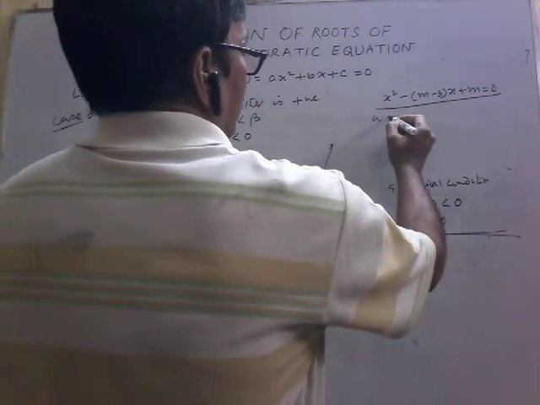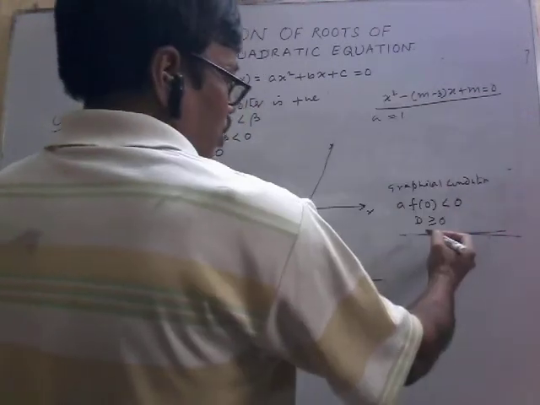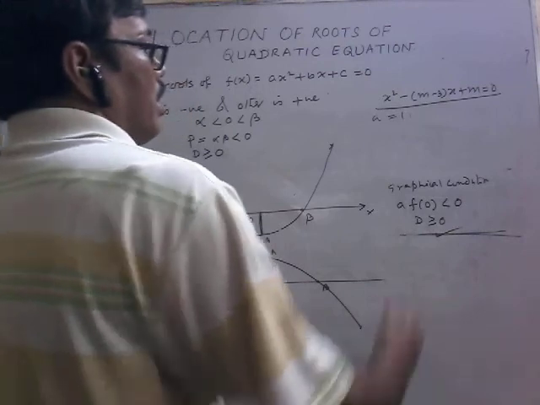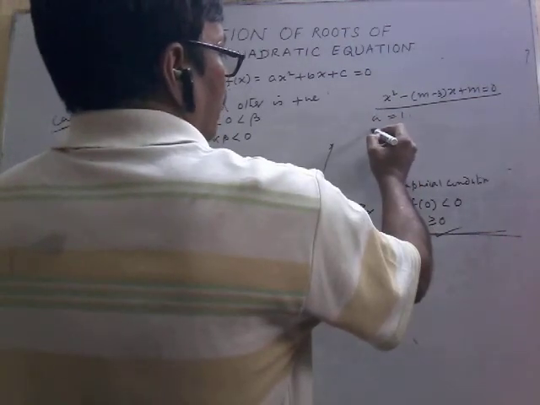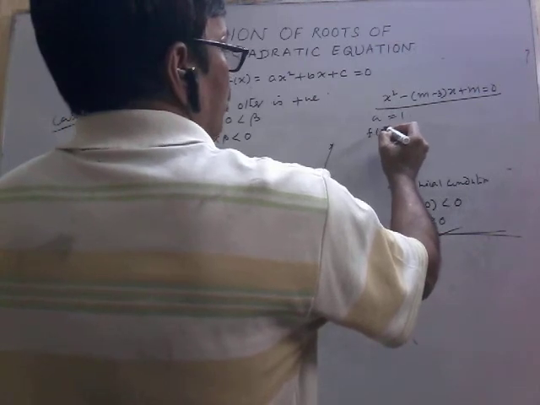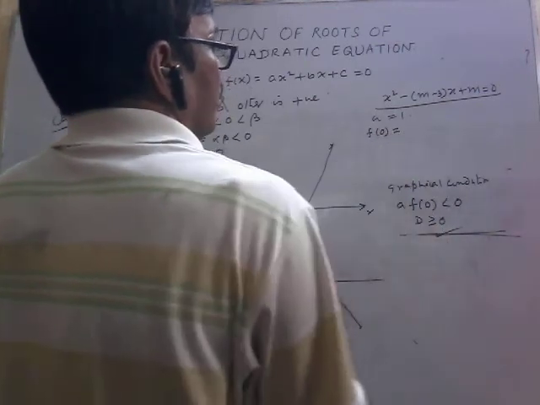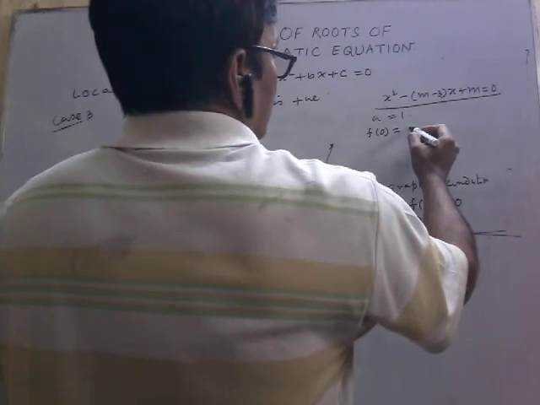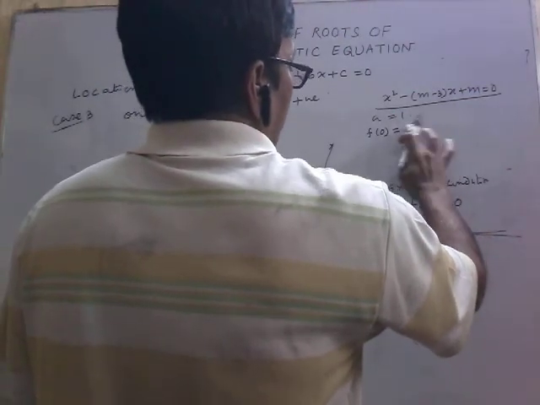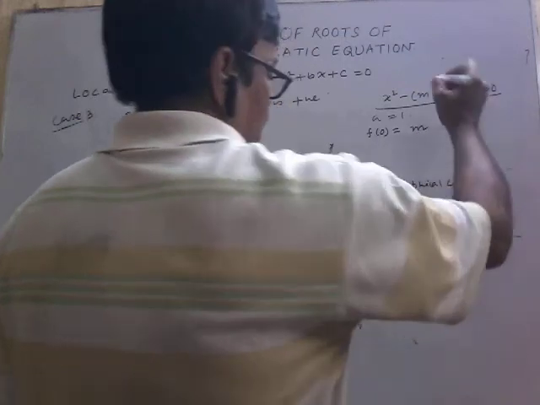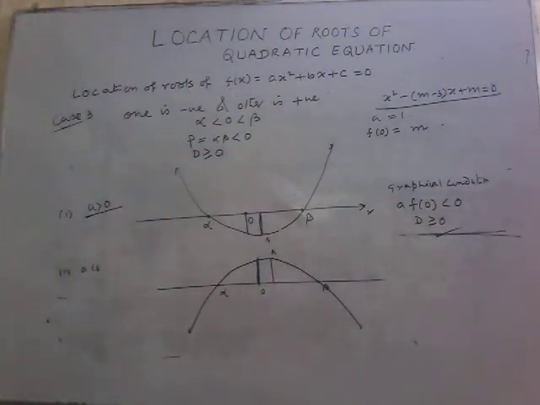What is A? A is 1, if we use the graphical condition. And what is F0? F0 is m.